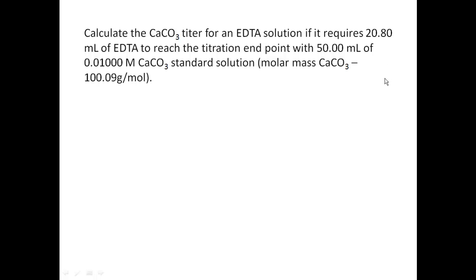Calculate the calcium carbonate titer for an EDTA solution if it requires 20.8 milliliters of EDTA to reach the titration endpoint with 50 milliliters of 0.01000 molarity calcium carbonate standard solution. And the molar mass of calcium carbonate is 100.09 grams per mole. So basically in this problem, we're starting off with some standard solution, 0.01 molarity of calcium carbonate and 50 milliliters of it.